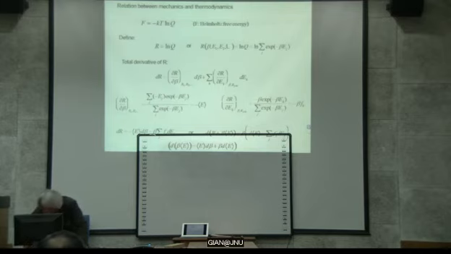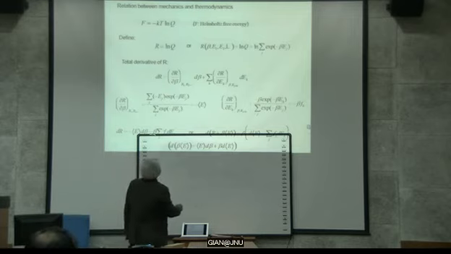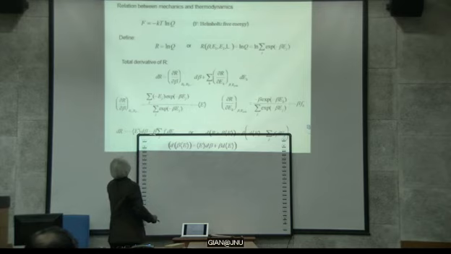So minus beta Fk dr equal, this is average E, and this one is minus beta Fk.